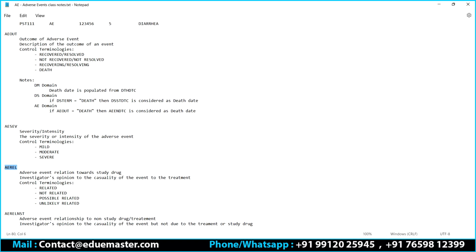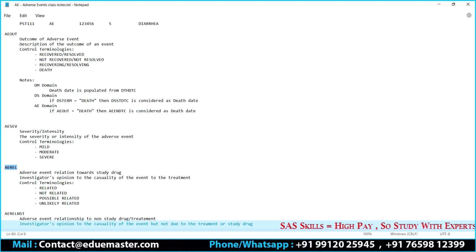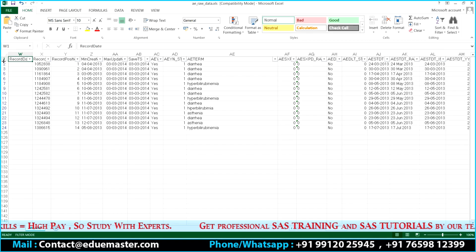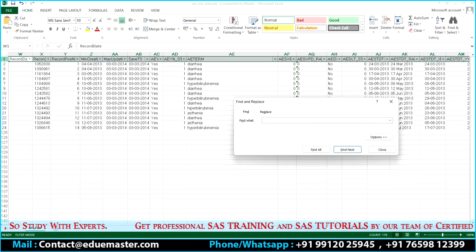So if this is going to be a study drug, whatever event happened, what is the relation of this particular event with your study treatment? It can be related, it cannot be related at all, possibly related, unlikely related. All these options are available. Correct? So if I come to this, just to check, do I have any AEREL?